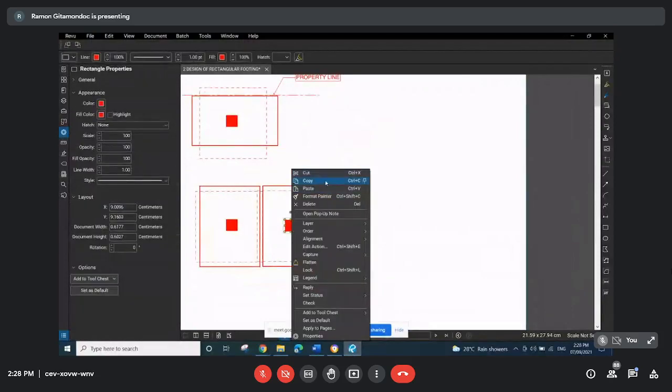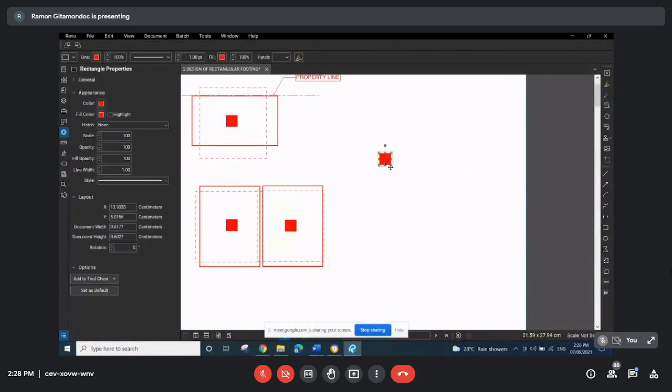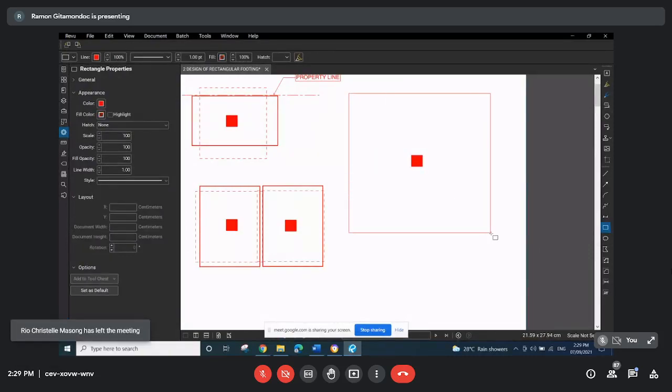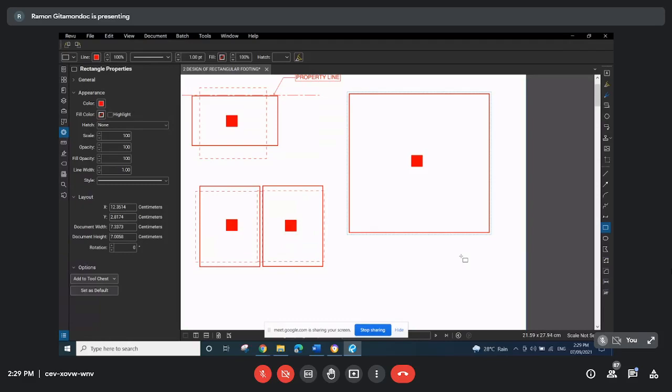For example, you have a column here, and assuming that the bearing capacity is really small, or you have a very huge footing relative to your column, no?